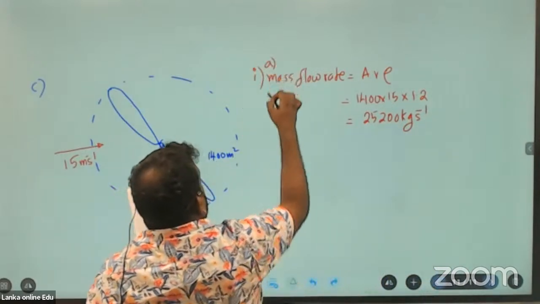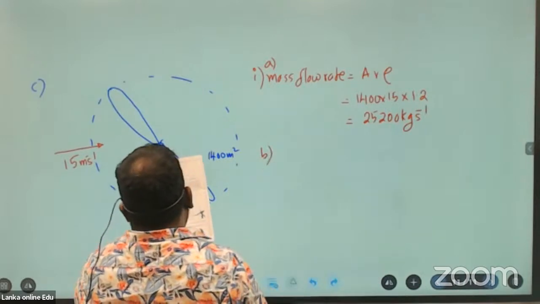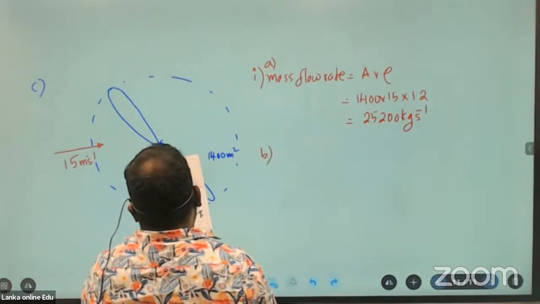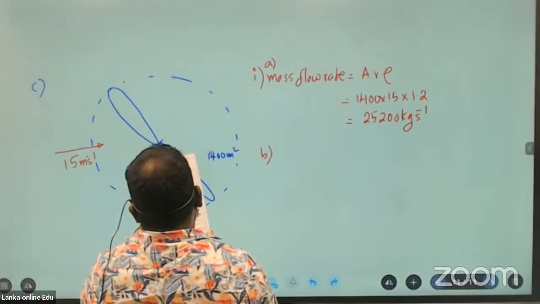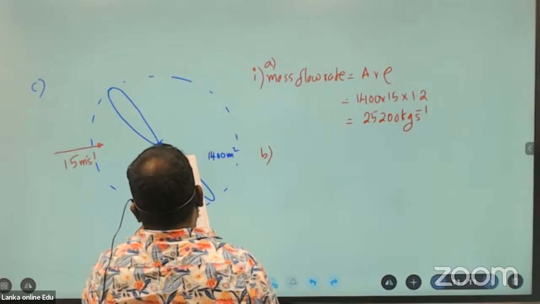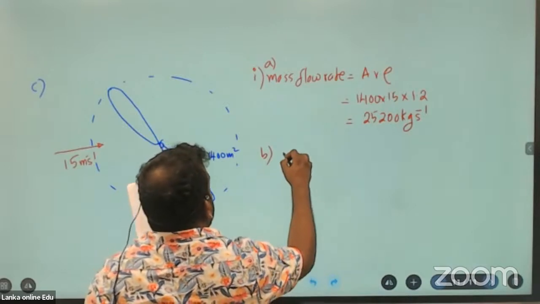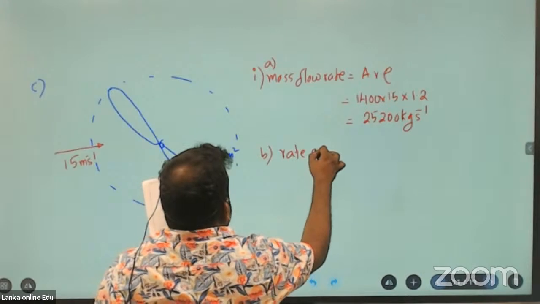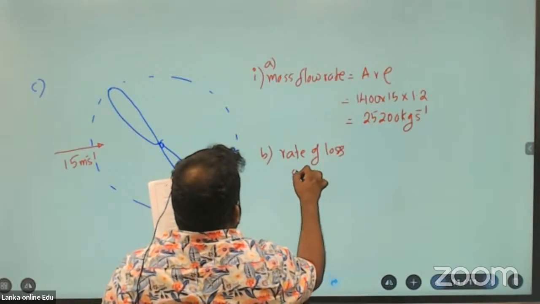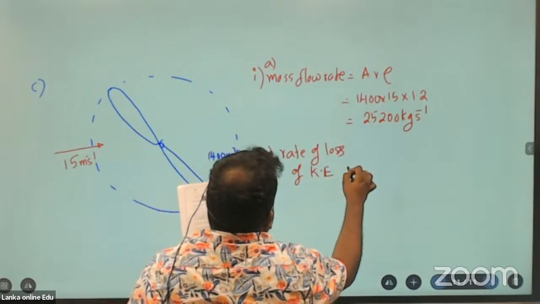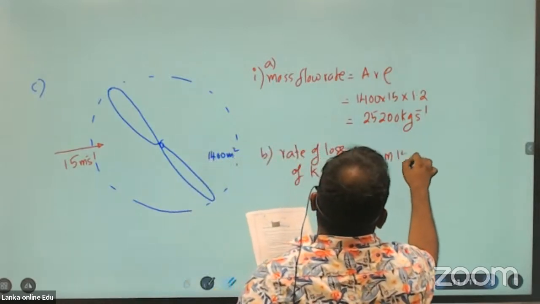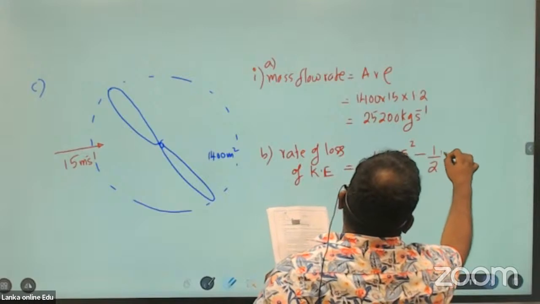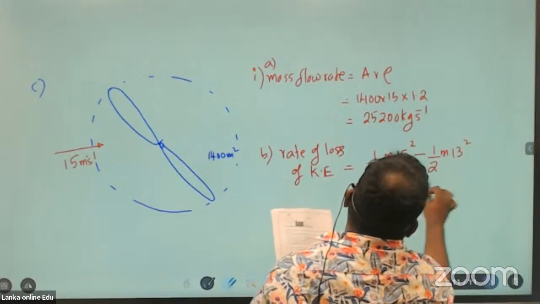Part B. Velocity of the wind reduces from 15 to 13 after collision, and the wind does not change direction. Find the rate of decrement of kinetic energy. Rate of loss of kinetic energy is initial kinetic energy minus final kinetic energy divided by time.